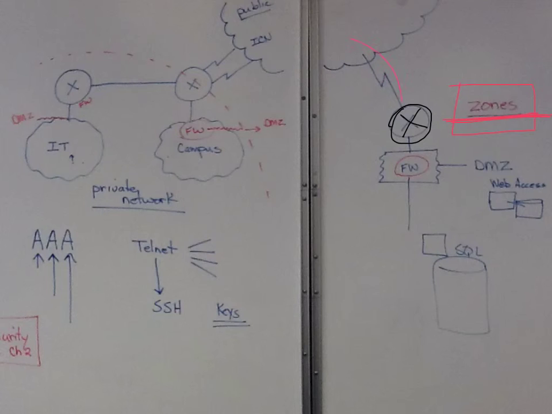So from the outside, you need to let people get to the web server, but not internal to your SQL database, in which you actually keep all the important information. You do have some type of connection from here into here, so that you can get the information you need here to distribute here. You don't want your web server to be a vulnerable point, because that has access internally to the private network inside.